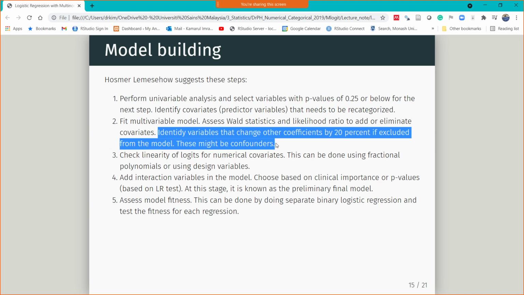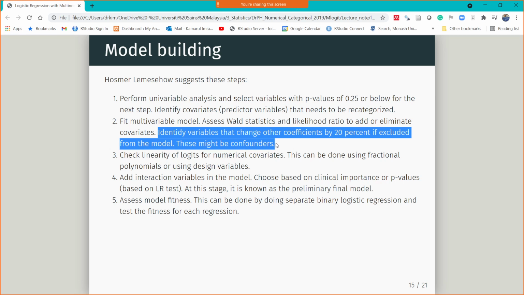However, check also the coefficient, the beta value, in the model with A, B, C, D, and in the model with A, B, C only, and see if the coefficient changes by more than 20%.